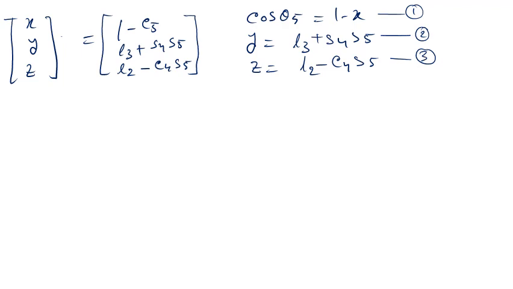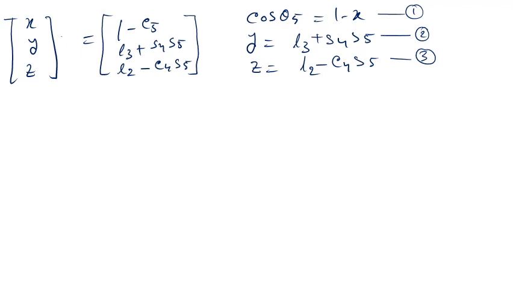You can either fix one variable, either L3, L2, or theta 4, and find the remaining 2 variables, or you can use the rotation matrix and define an orientation by defining the values of the rotation matrix, whatever orientation you want, by assigning values to the individual components of the rotation matrix.